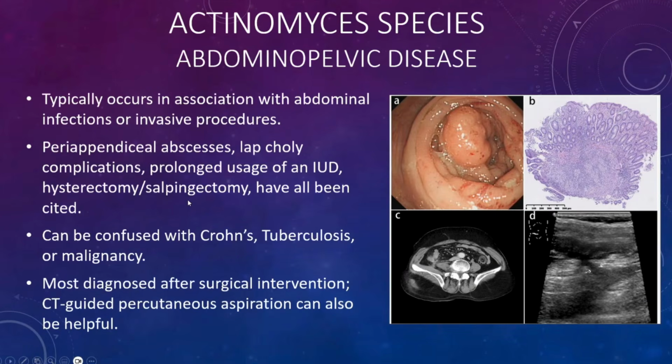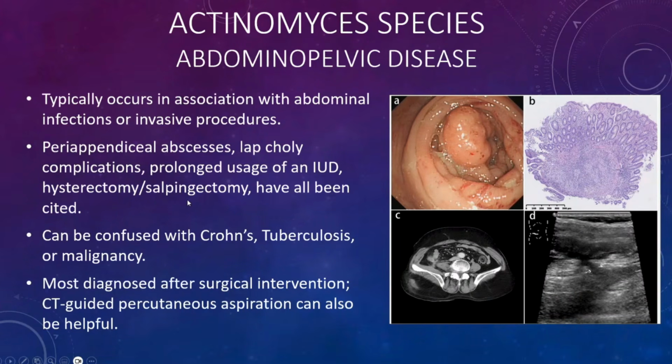What about abdominal pelvic disease? Well, this typically occurs in association with abdominal infections or invasive procedures like, for example, lap chole, or they may have retention of a surgical sponge or the prolonged use of an IUD, hysterectomy, or salpingectomy.